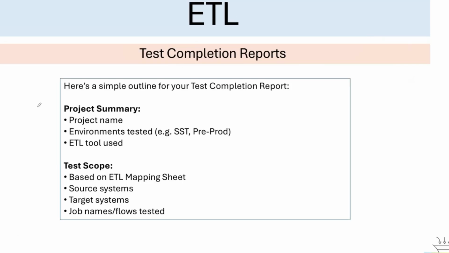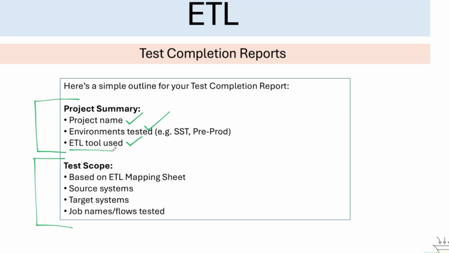Next one is test completion reports. This is the last slide. As a manual tester, you must produce a report after your testing is complete. That will have the project summary and testing scope. You make sure you capture the project name and which environment it was tested in and what all tools were used. Okay.